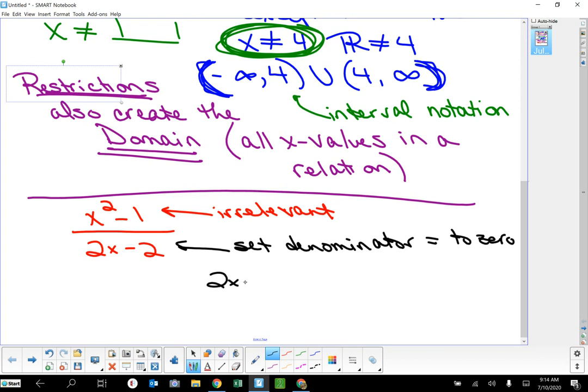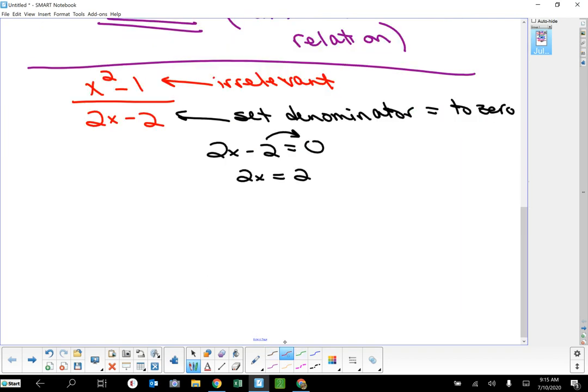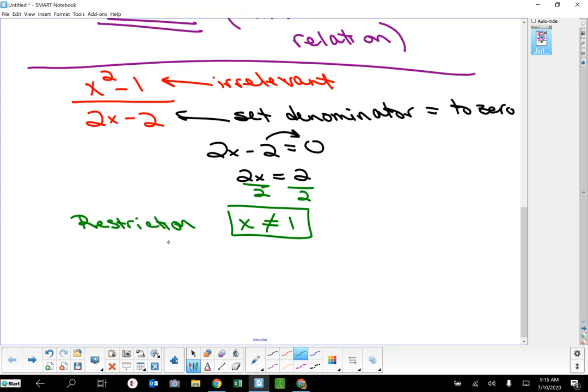So we're going to take 2x minus 2 equals 0. Move the 2. It'll become positive. Divide by the other 2. And we have x equals 1. And so you would say x can be anything except 1. Okay, so this is going to be your restriction, which is also your domain.